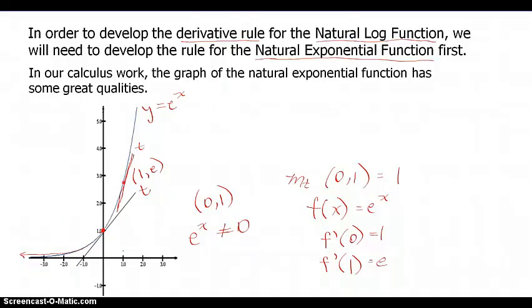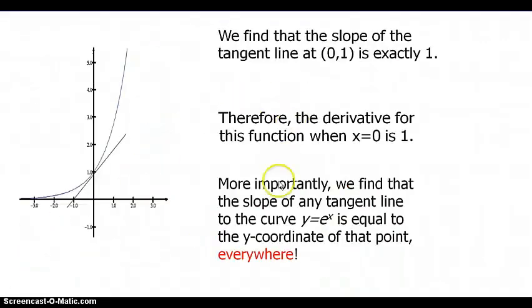And it turns out that the slope of the tangent line anywhere on the curve y equals e to the x is always equal to the y-coordinate of that point everywhere, from negative infinity to positive infinity.